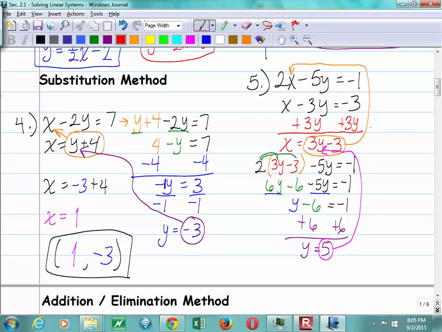So when I do that, it's going to be x equals 3 times 5 minus 3. 3 times 5 is 15. 15 minus 3 is 12. So x is equal to 12. And then let's write the solution as an ordered pair. So that's 12 comma 5.